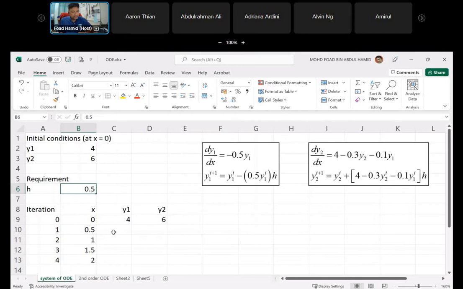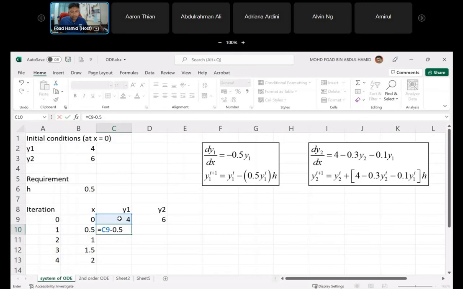For the first iteration, at x equal to 0.5, y1 is y1 naught, which is this value, minus 0.5 times y1 naught, which is this, times h, which is this value here.